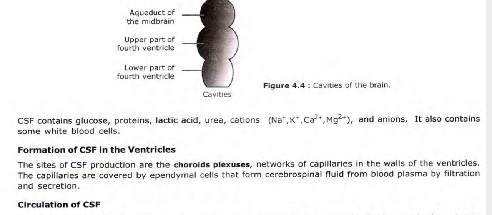Next, formation of CSF in the ventricles. The sites of CSF production are the choroid plexus. Never forget this. The choroid plexus are networks of capillaries in the walls of the ventricles.